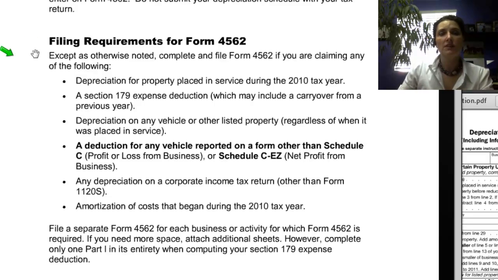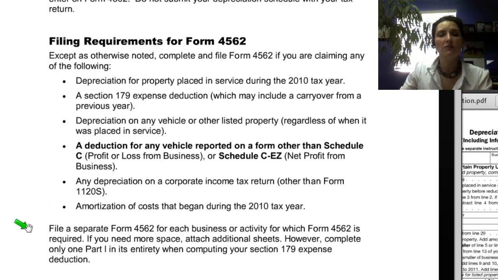Well, except as otherwise noted, complete and file Form 4562 if you are claiming any of the following: depreciation for property placed in service during tax year 2010, a Section 179 expense deduction which may include a carryover from a previous year, depreciation on any vehicle or other listed property regardless of when it was placed in service, a deduction for any vehicle reported on a form other than Schedule C, Profit or Loss from Business, or Schedule C-EZ, Net Profit from Business, any depreciation on a corporate income tax return other than Form 1120-S, and amortization of costs that began during the 2010 tax year.